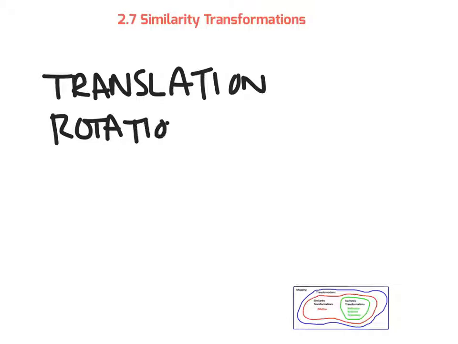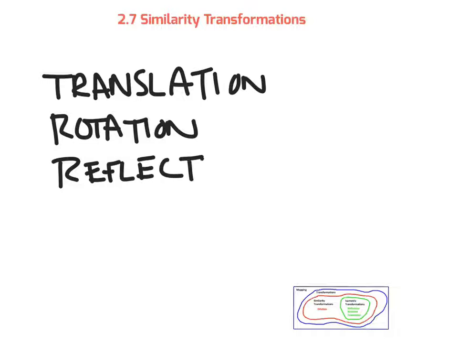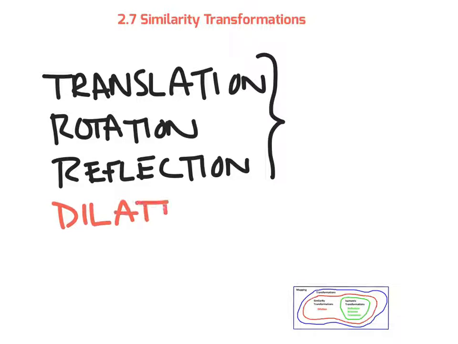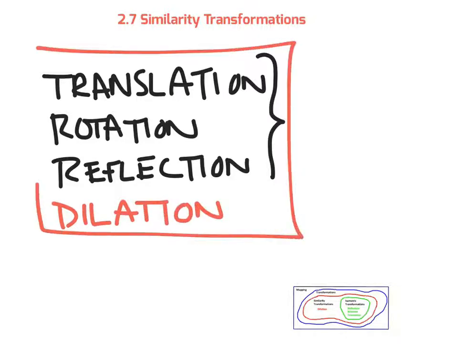Of course, the reflection maintains shape. So now you're saying, wait a minute, we're just listing out the isometric ones one more time. And you're correct, these are the isometric group. But somebody else maintains shape, the dilation. And so these guys together, this group, is known as the Similarity Transformations.